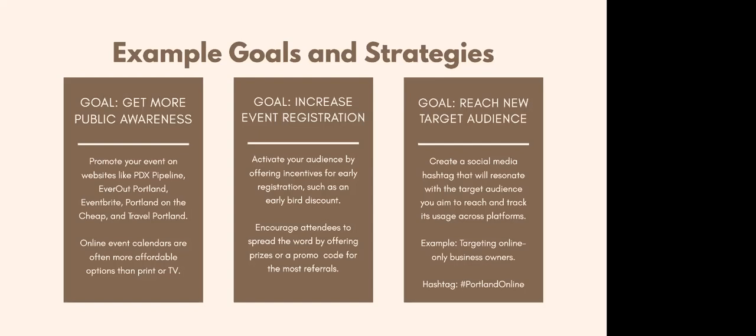My example is if I was trying to target online-only business owners, maybe I start getting excitement around the hashtag Portland Online. This was just a random hashtag that I made up, but if I made that hashtag on any of the platforms, I can go into my analytics and see how many people clicked on it. Or you could just search for the hashtag and see how many people have been posting about it. This is how you track if you're actually reaching the target audience or if you need to change approaches and start somewhere else.